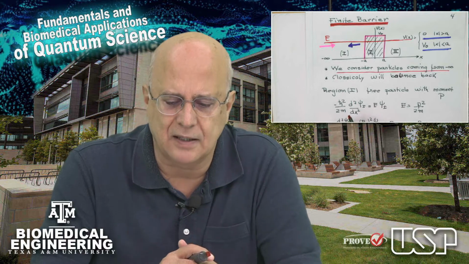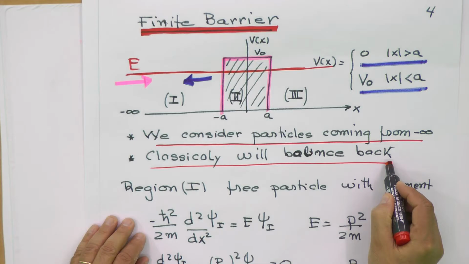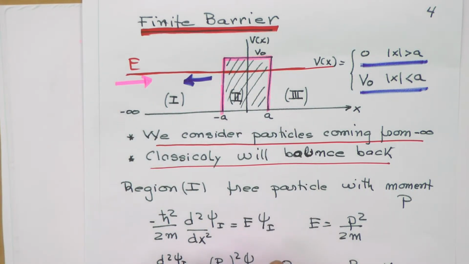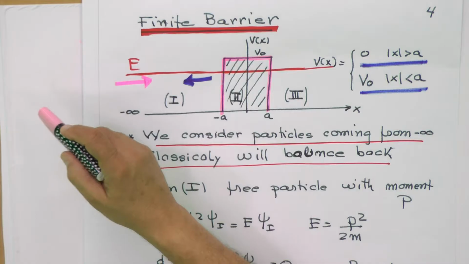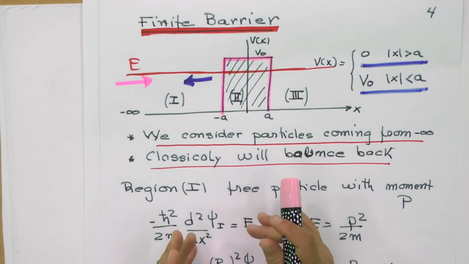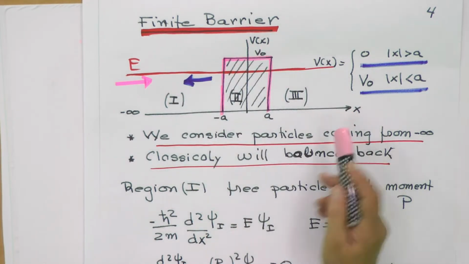And classically, as I told you, it will come to the barrier and bounce back. So classically speaking, there is 100% certainty that the particles will return. No particles will be found otherwise, if they have a single energy, of course. If they have a distribution of energy, some of them will pass through.